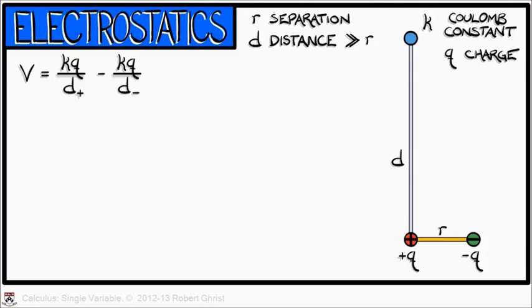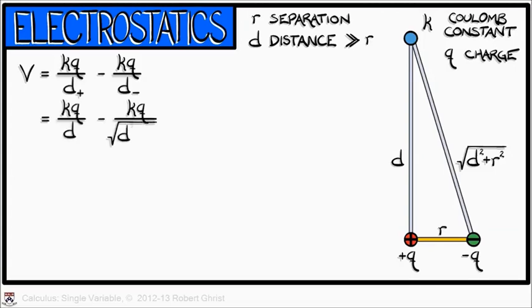That is, we're at distance d from the positive charge, but perpendicular to the orientation of the dipole. That means that the distance to the negative charge is, by Pythagoras' theorem, the square root of d squared plus r squared. So that in computing V, we get kq over d, the positive charge distance, minus kq over square root of d squared plus r squared.